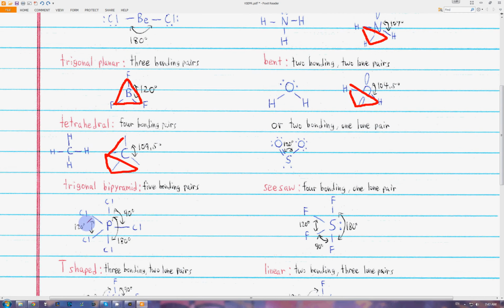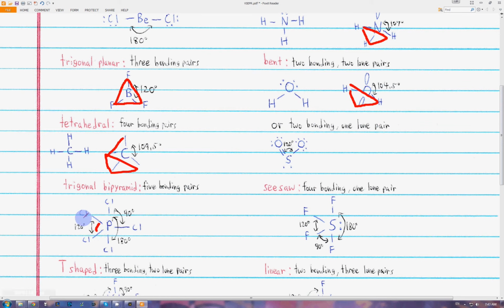The next structure is trigonal bipyramid. So this has 5 bonding pairs. So you can see 3 of them are arranged in a trigonal planar fashion. They're flat in an equilateral triangle. So you can see this angle is 120 degrees.